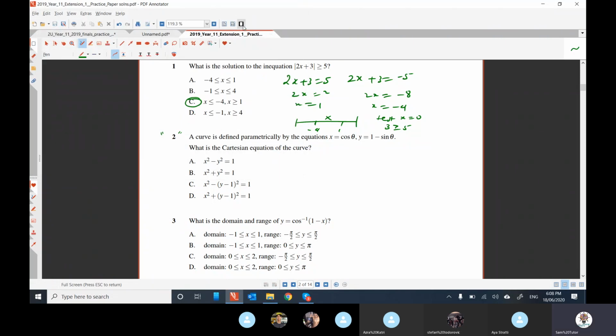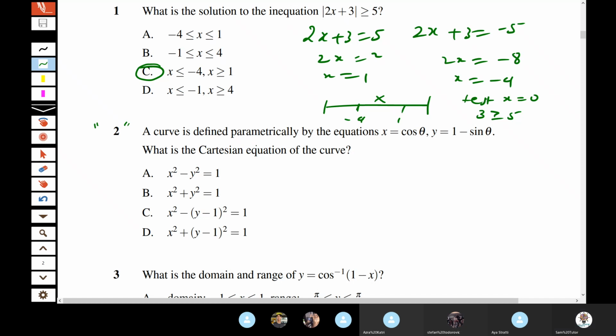Okay. Yep. So what do we think? Stefan, okay, so the idea here is you want to make x's and y's, as you can see, right? No theta. What relationship do you know between cos theta and sine theta? Cos squared plus sine squared equals 1. Okay, can you somehow use that?